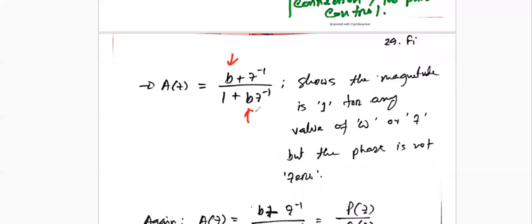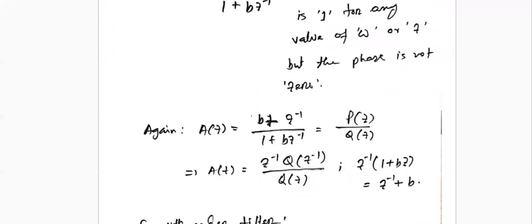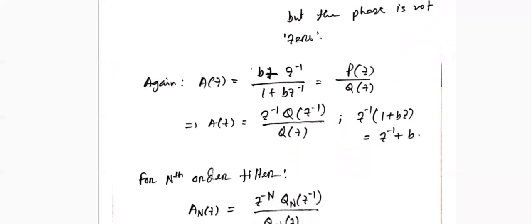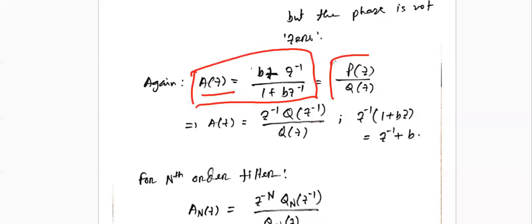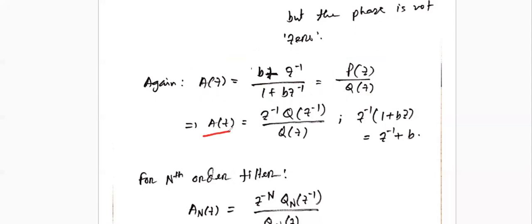You can change the position of b, and you can control the phase of that all-pass filter. So this is the fundamental equation. We have already derived this, and we know that we can express it like that. Again, A(z) can be written like that. How?